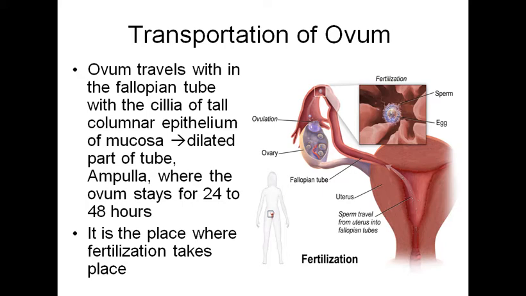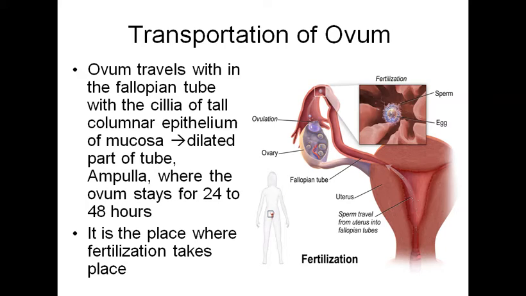So the epithelium is tall columnar cells. It has cilia on its top. That cilia is causing the fluttering movements, sweeping the ova more inside of the uterine tube, right?